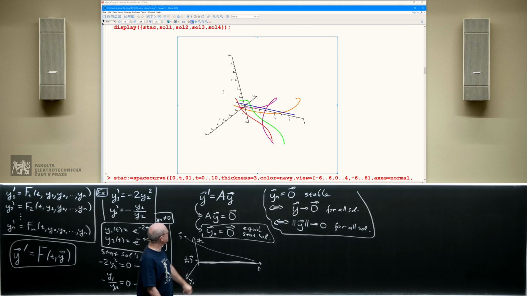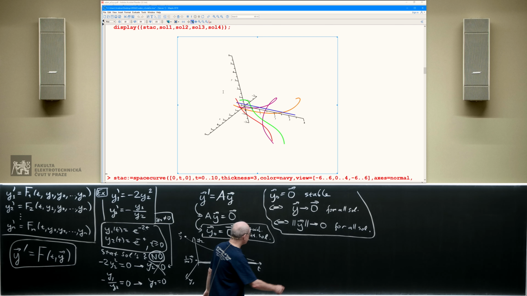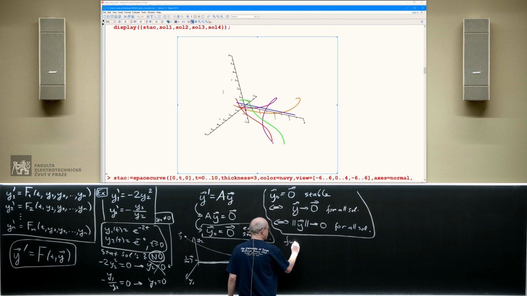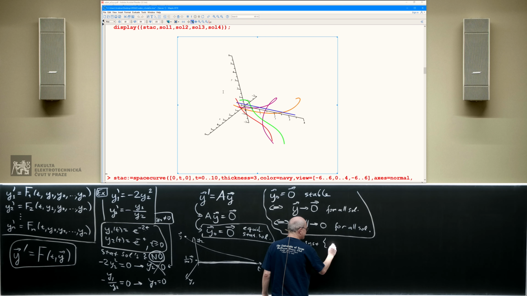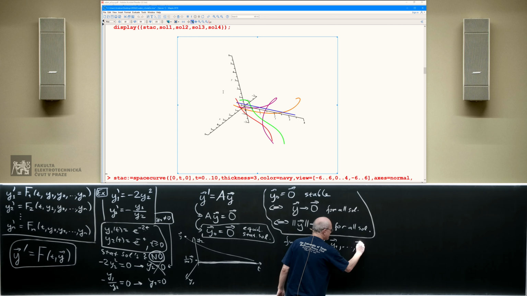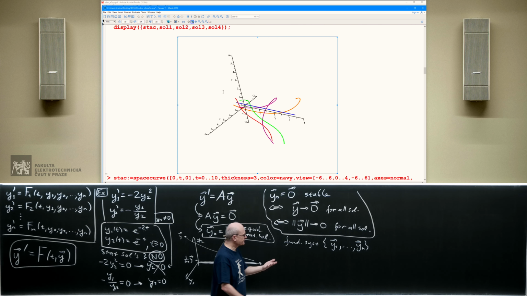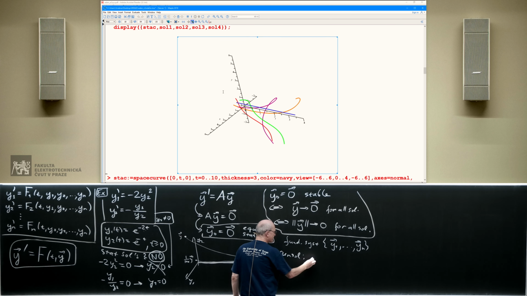Well, all solutions of such a system are just a combination of some fundamental system. So we have a fundamental system which consists of some vectors, let's say y1 through yn. And then we have a general solution, which is just a combination of these.